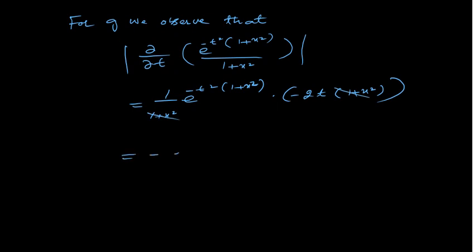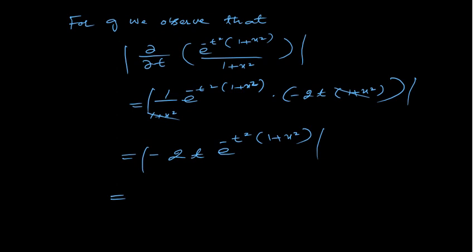This is equal to minus twice t times e power minus t square times (1 plus x square). Okay, and you are taking its mod, everything is in a mod.